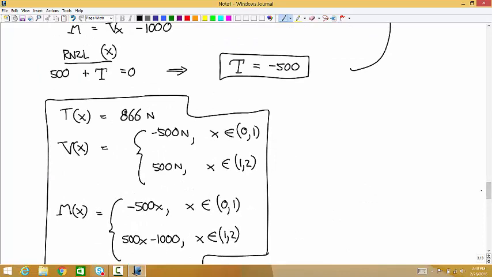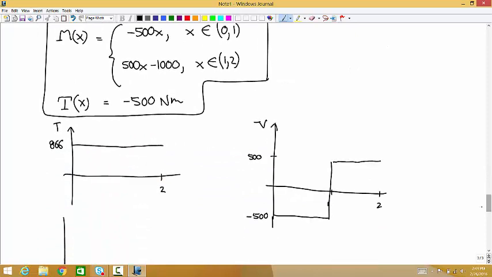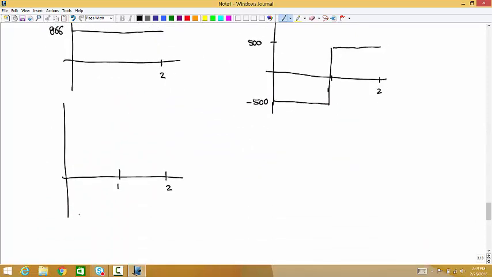This is the one that takes high school math skills to do. So it's going to go from 0 to negative 500. And then it's going to go back like this.